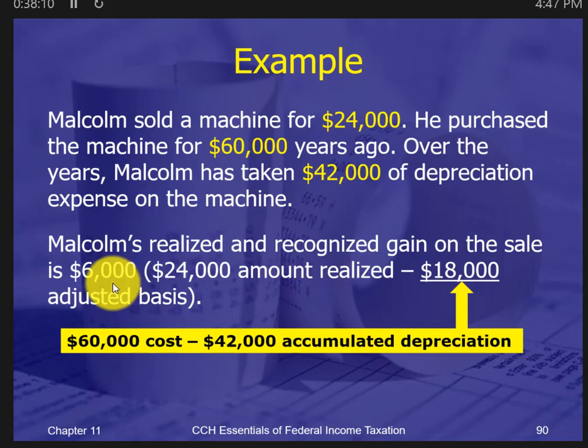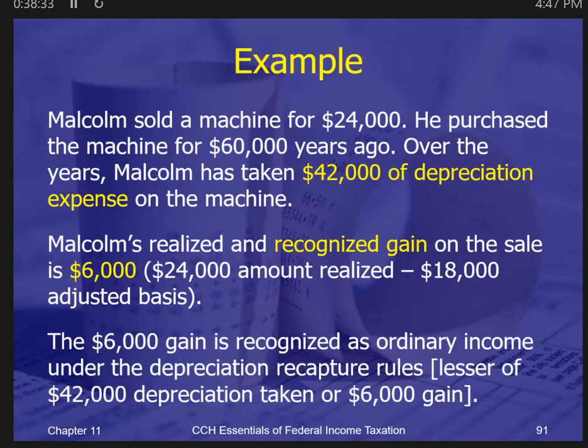But for the depreciation recapture, no, no, no. As long as your gain is not more than the $42,000 depreciation that's been recognized over the lifetime, then it is ordinary income. So the $6,000 is ordinary income, not capital gains like we might think. Okay, so there's your exception to our kind of best of both worlds scenario.